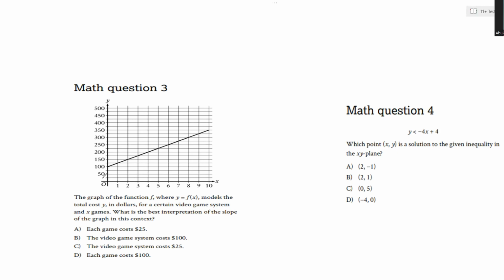Likewise, this one is 1 centimeter or 2 centimeters to represent 50 units. So 50 plus 50 gives you 100, 100 plus 50 gives you 150, and it goes like that. Nice. And the next thing we need to look at on this graph is that the graph is a straight line graph.